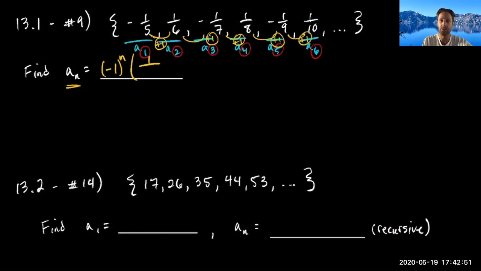So since we're going to increase by 1 each time, we know that the number is going to be in front of n, because how many times I add something is exactly what I'm going to be putting there. So if it was adding 4 each time, it would be 4 for every n, because I'd add 4, and then a second time would be 4 times 2, a third time would be 4 times 3, and so on.